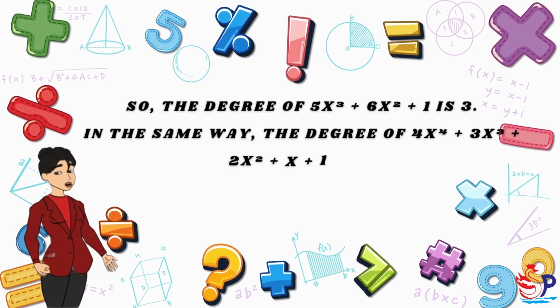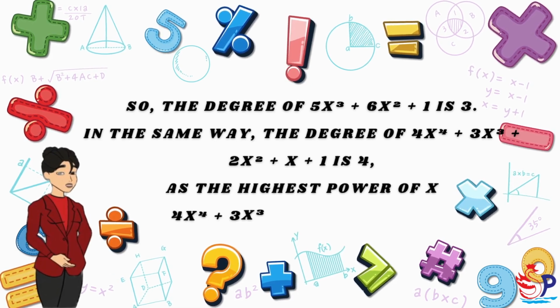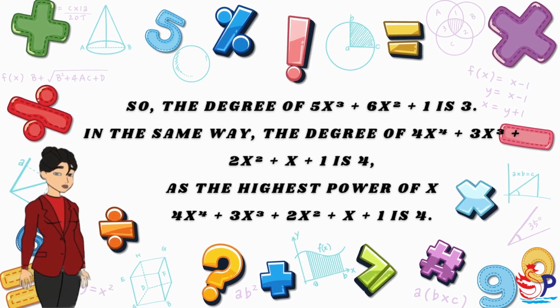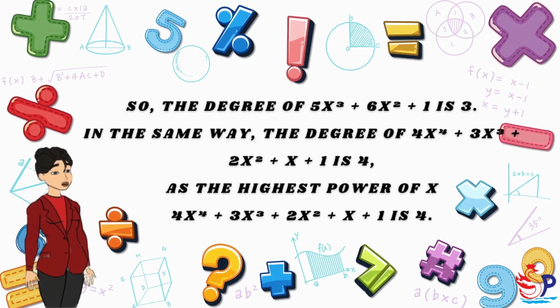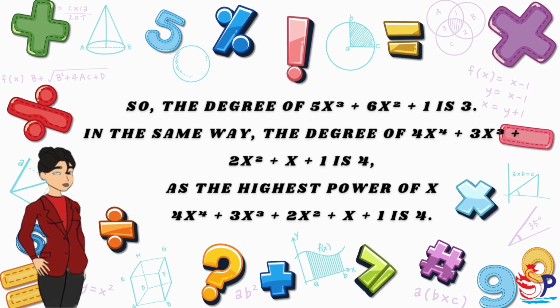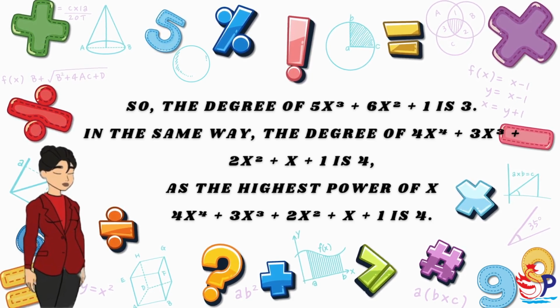In the same way, the degree of 4x power 4 plus 3x power 3 plus 2x power 2 plus x plus 1 is 4, as the highest power of x is 4.